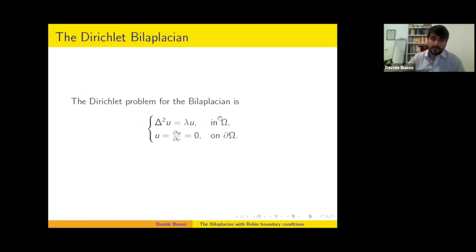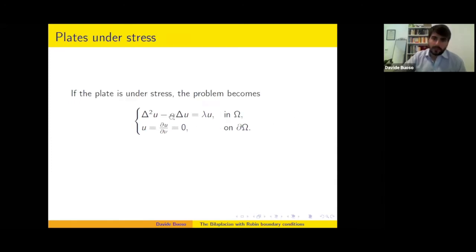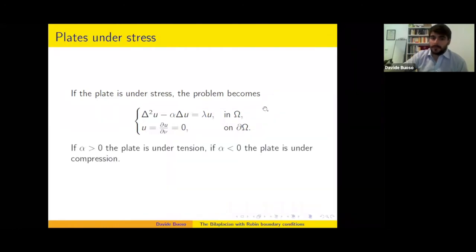In this case, you have a vibrating plate which is clamped. If instead of lambda u you write f, you have the load of a plate. In this case, with this minus alpha delta u, the plate is actually under stress. So you may have a plate under tension or under compression. These are the two cases.